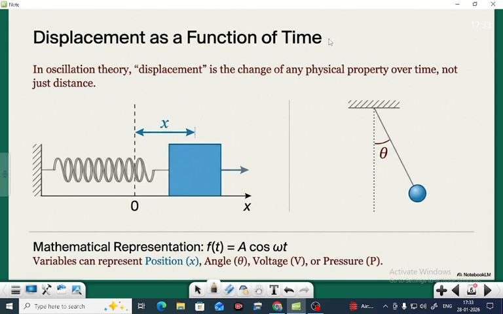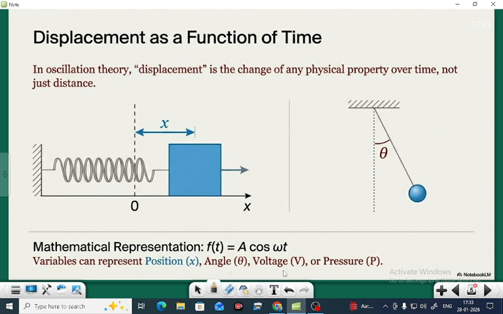Displacement is a function of time. In oscillatory theory, displacement is the change of any physical property over time, not just distance. Mathematical representation: function of time is equal to A cos omega t. Variables can represent position as x, angle as theta, and voltage V or pressure.